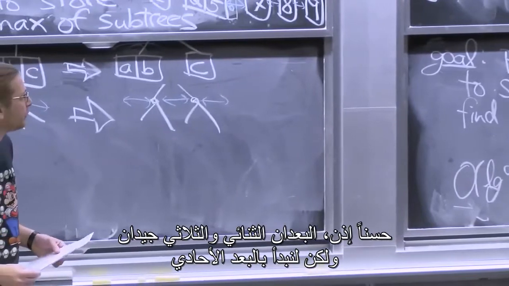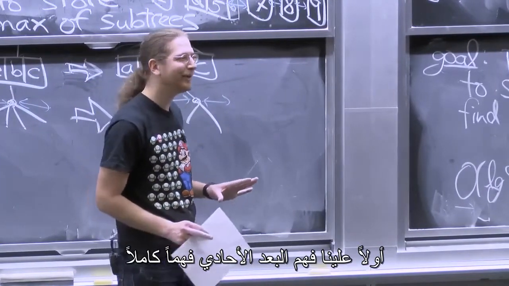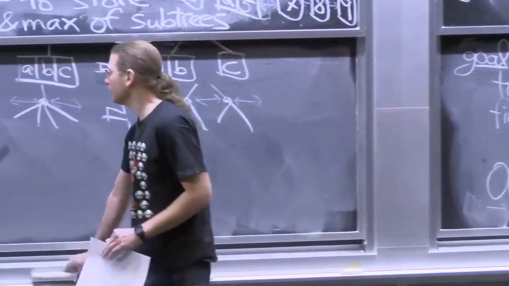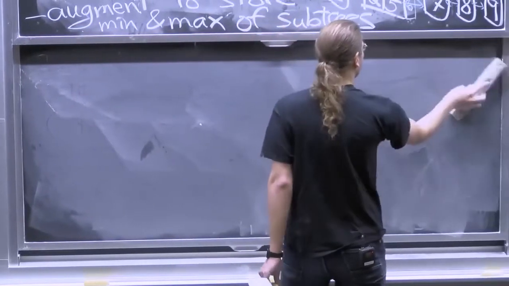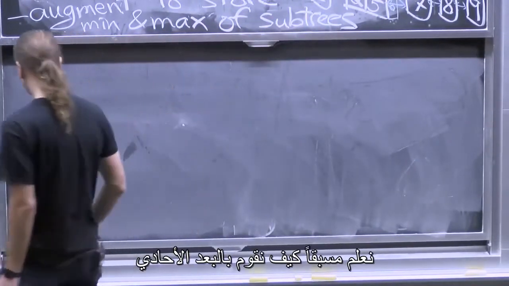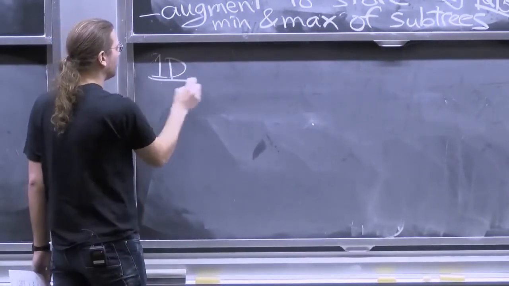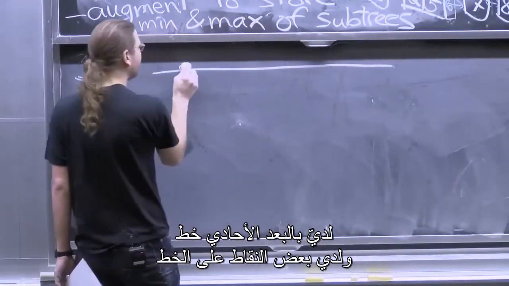All right, so 2D and 3D are great, but let's start with 1D. First, we should understand 1D completely. Then we can generalize. 1D we already know how to do, but 1D, I have a line. I have some points on the line.